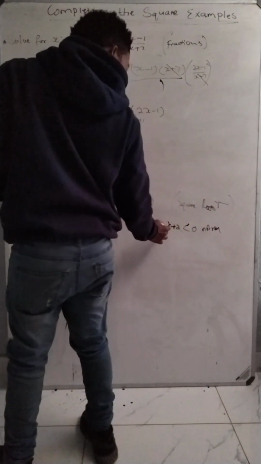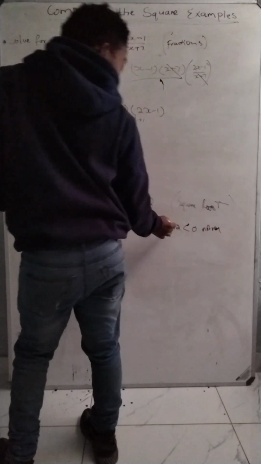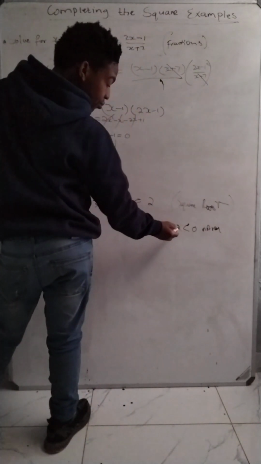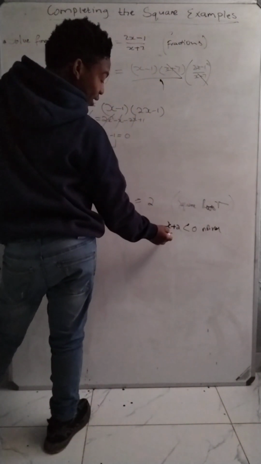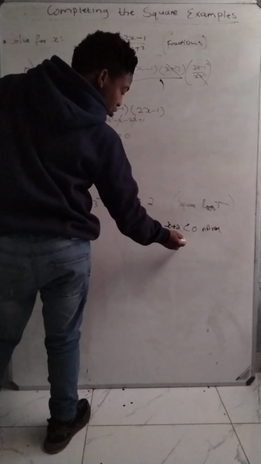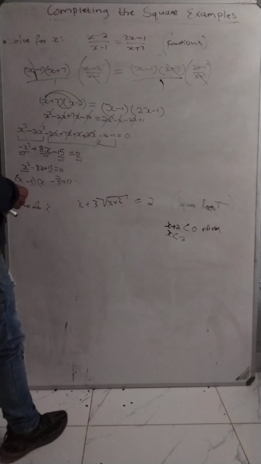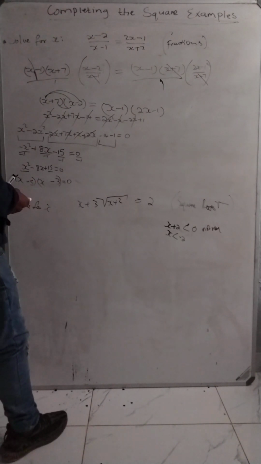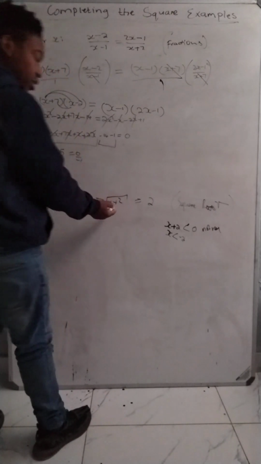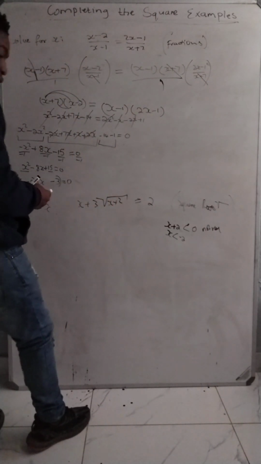So therefore x cannot be less than a negative 2, because if x is less than a negative 2, you have a negative under your square root.